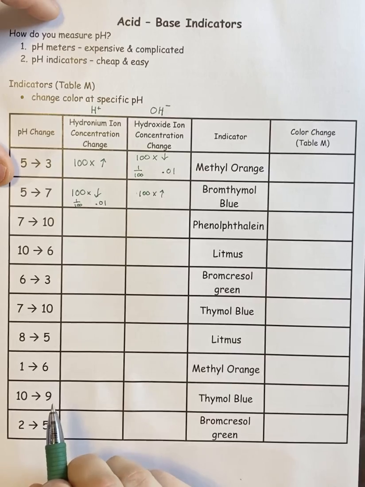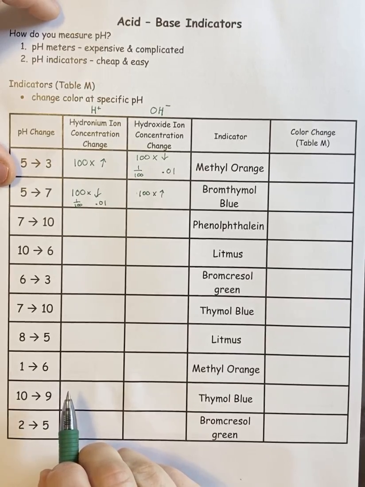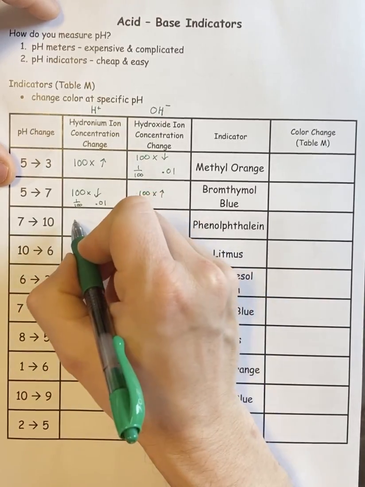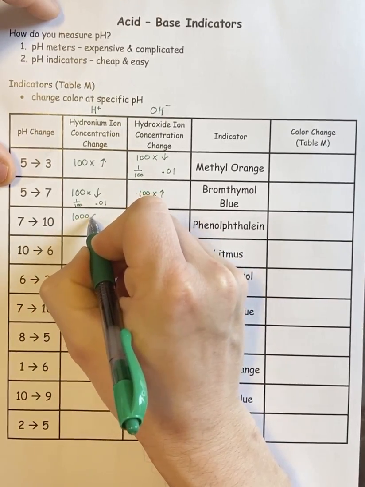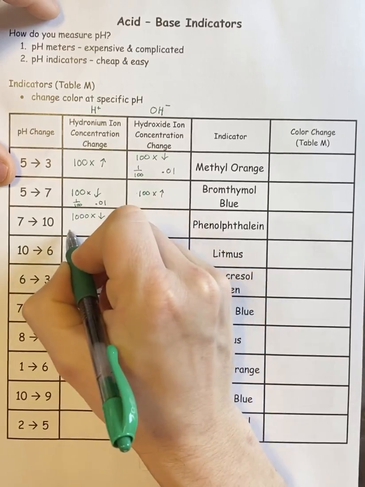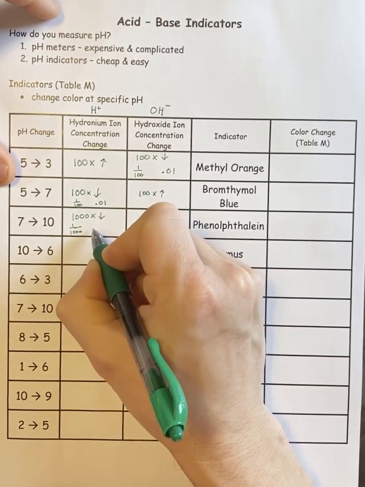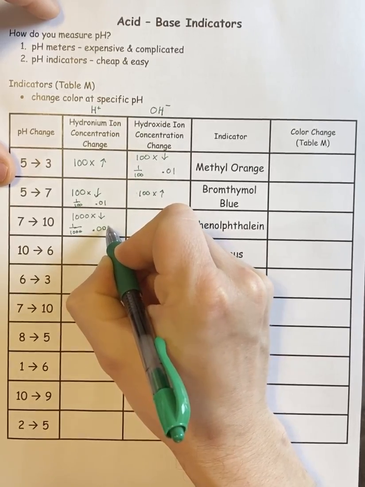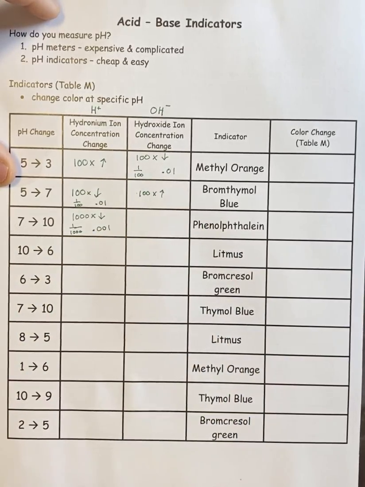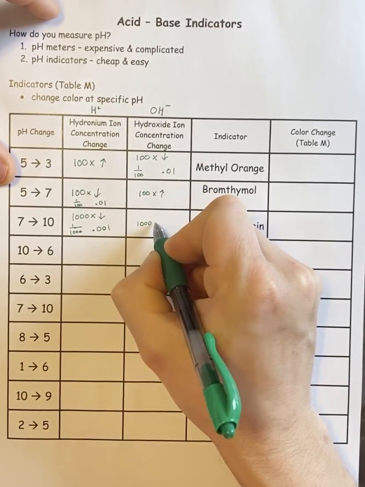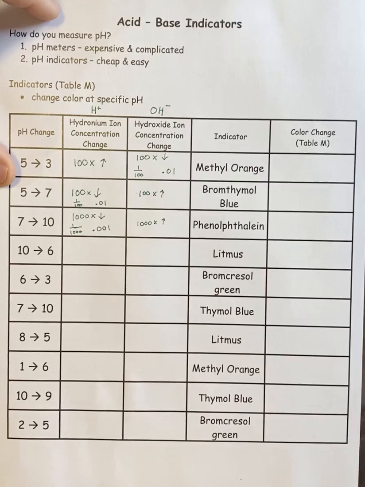Okay, so it's just doing the exact opposite because it's 2 digits in the reverse direction. 7 to 10 would be going up, so we would have a 1,000 times decrease, or 1 over 1,000, 0.001. And then the other one would have a 1,000 times increase.